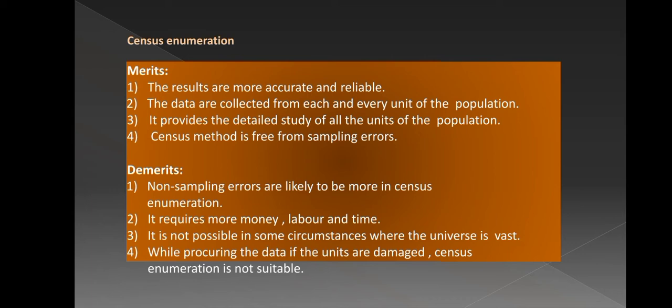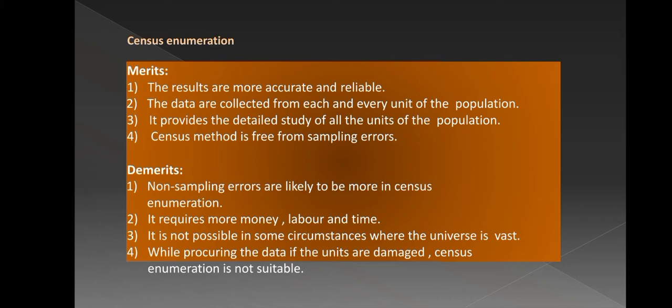And it is not possible in some circumstances where the universe is vast, that is, where the universe is big. If the population is large, then we cannot use the census enumeration method, because we have to go to each and every person and collect the data. It takes a lot of time, and if the population is very large, this method is impossible.